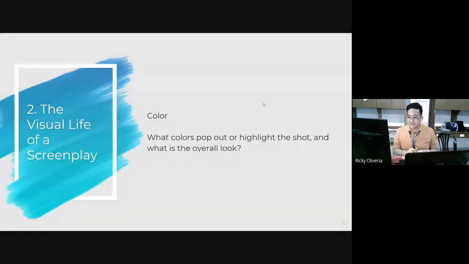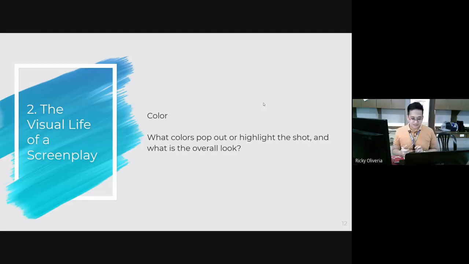Okay? Number one is color. Ano ba yon? What color pops out or highlights the shot, and what is the overall look? Usually, color defines kung ano rin yung motif nung isang movie, no?